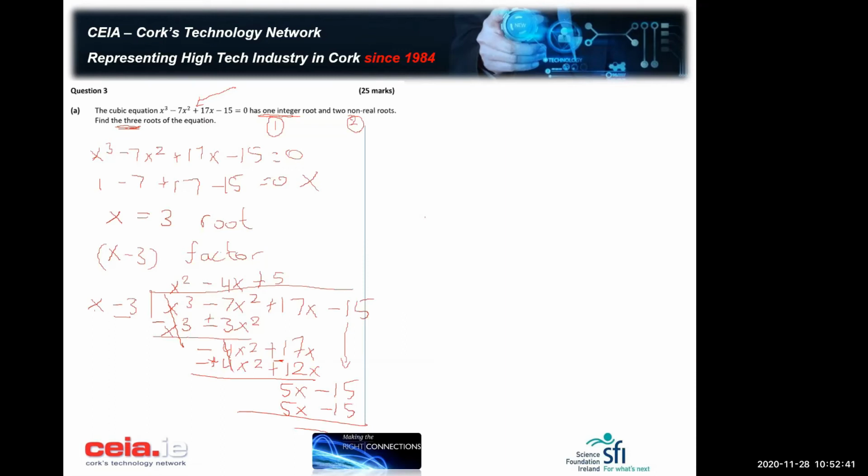So we now know that x minus 3 multiplied by x squared minus 4x plus 5 is equal to x cubed minus 7x squared plus 17x minus 15 is equal to 0. So that's 1.